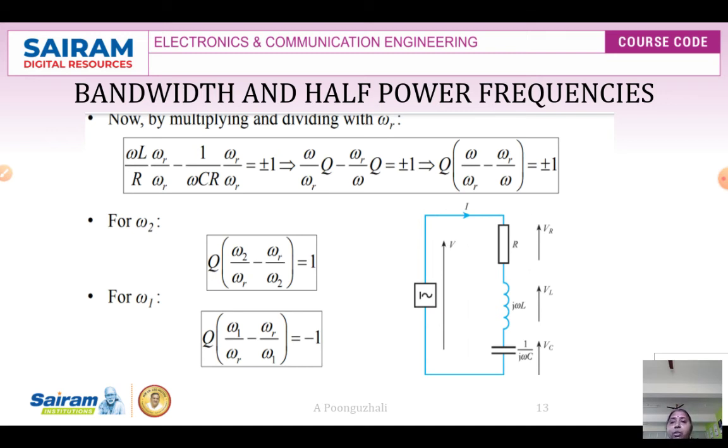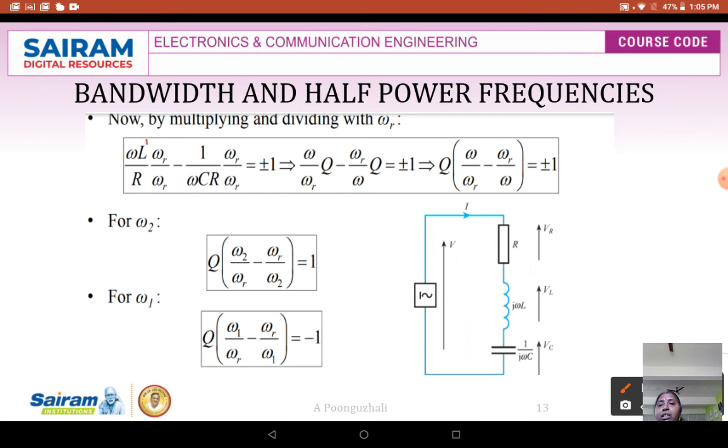So omega by omega r into omega r L by R is nothing but your Q. So this term is going to be your Q term, and this is going to be another Q term, Q into omega r by omega. So here we can write Q into omega by omega r minus omega r by omega is equal to plus or minus 1.